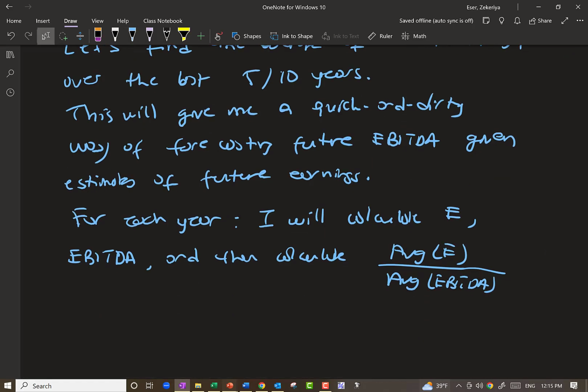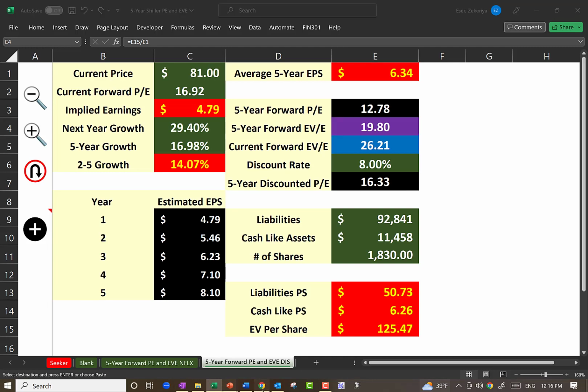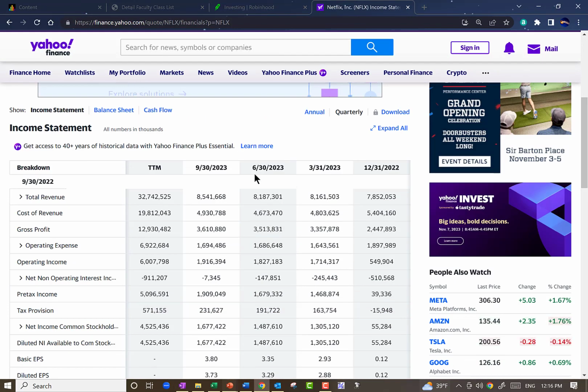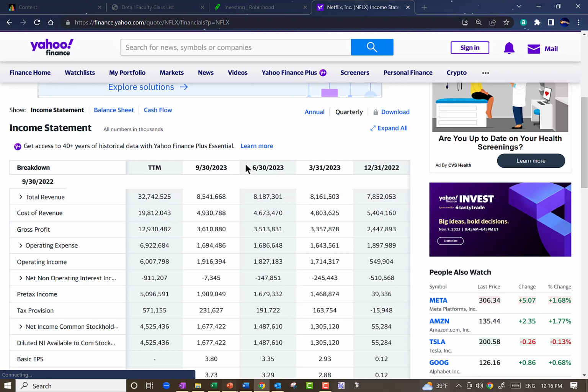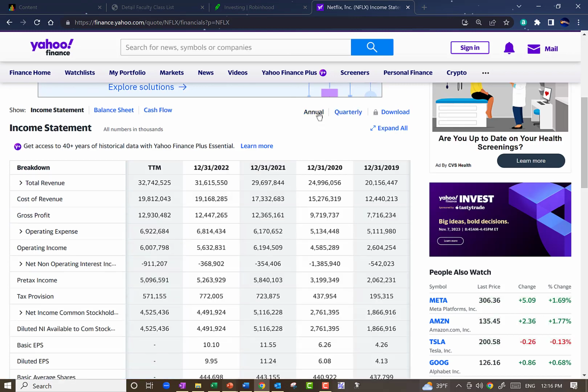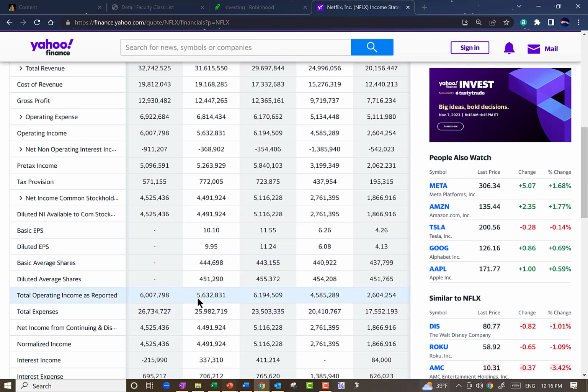And ideally, I would do this using SEC earnings, but I have quick and dirty numbers from Yahoo. If I go to annual on income statements, I have the earnings for the last 4 years, right? Net income to common shareholders.